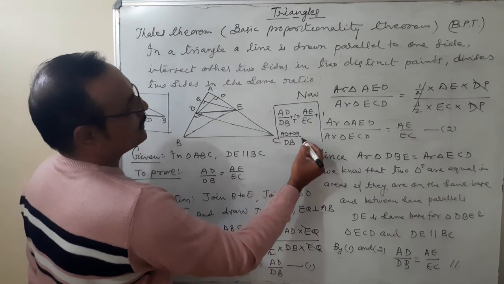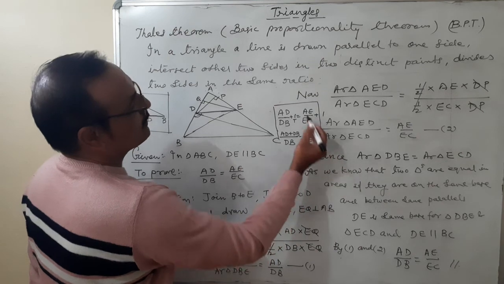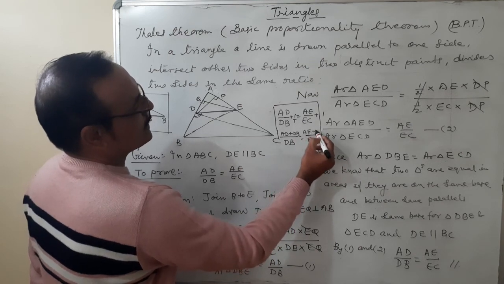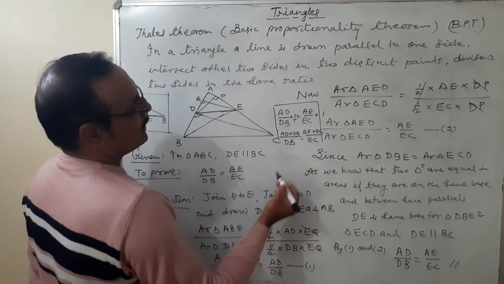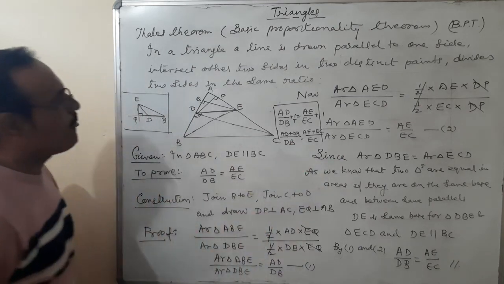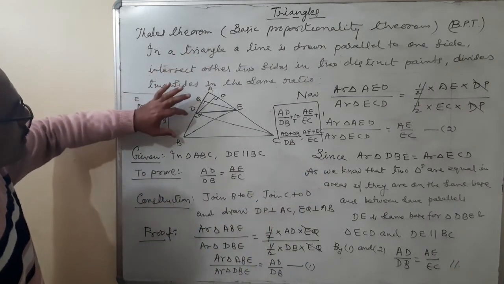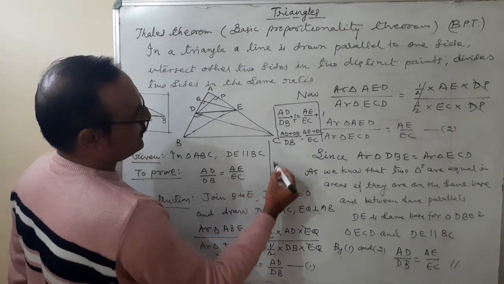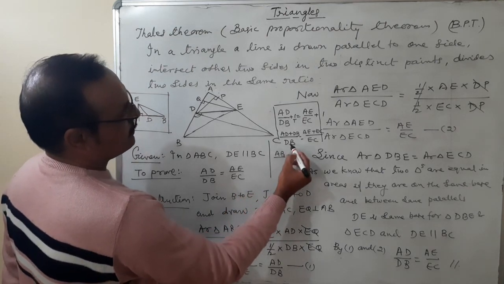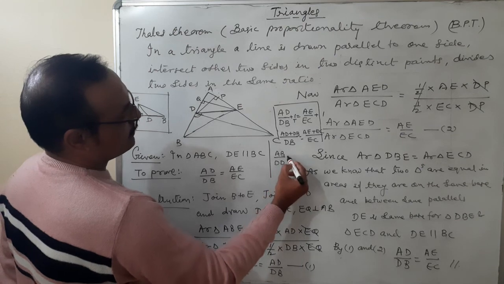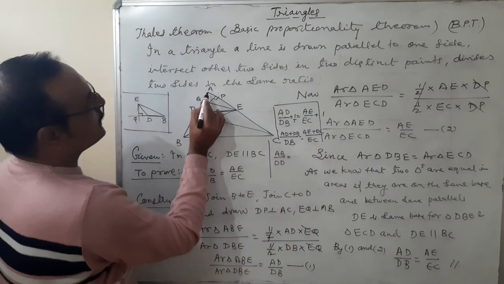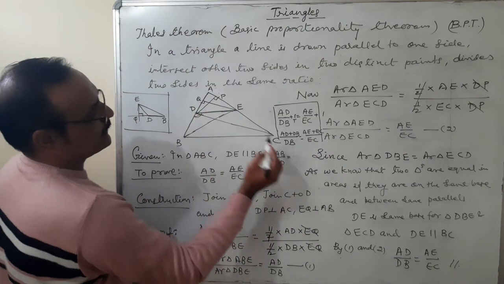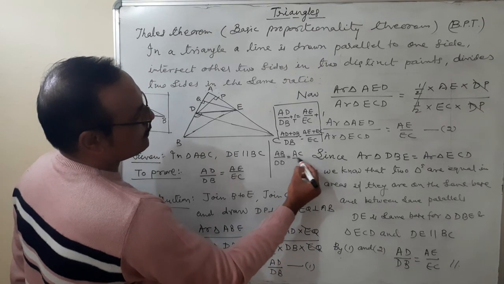AD plus DB is equal to AE plus EC over EC. And AD plus DB makes AB, so AB upon DB is equal to AE plus EC, which makes AC upon EC.